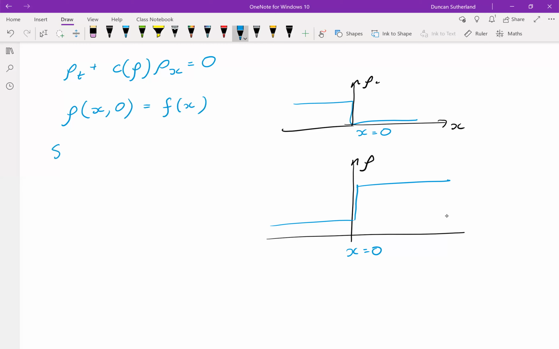So let x be some function of time. That's how we're going to parameterize it.